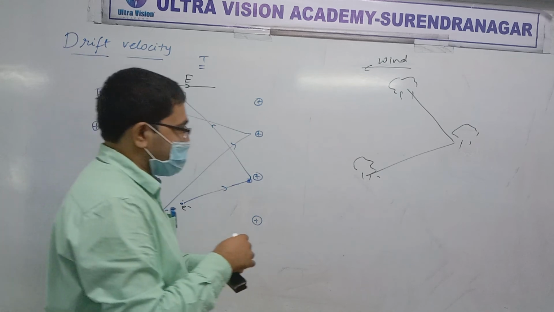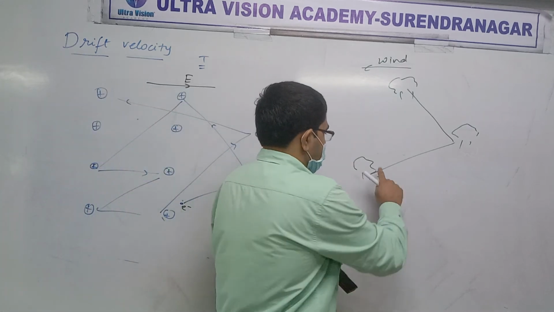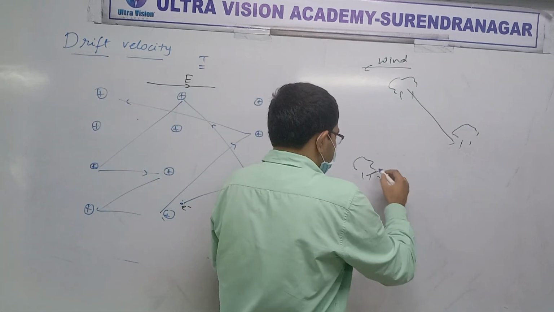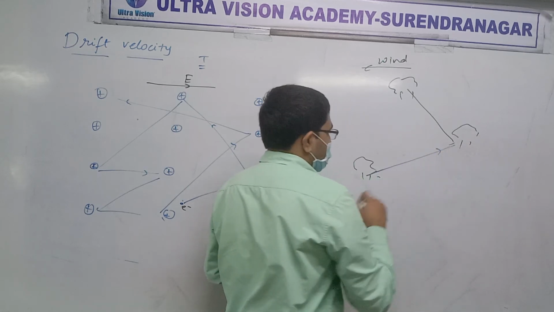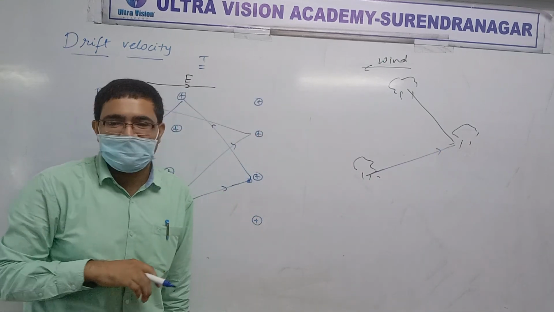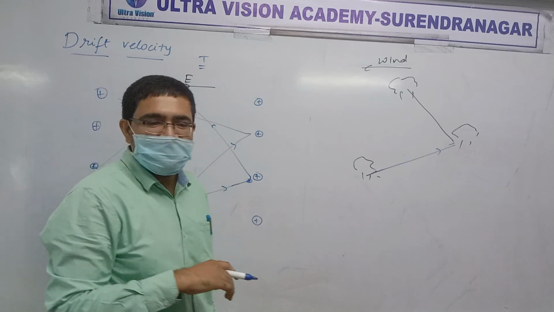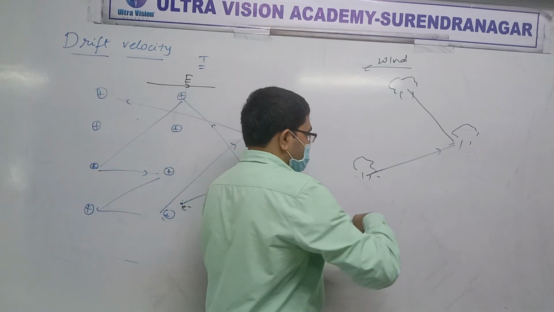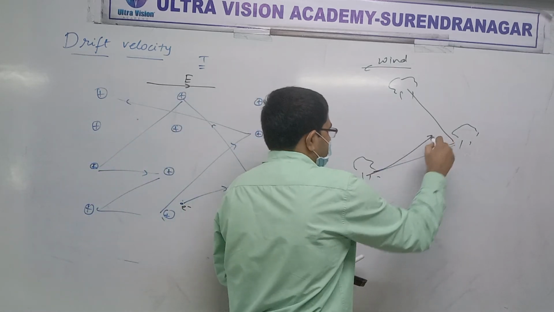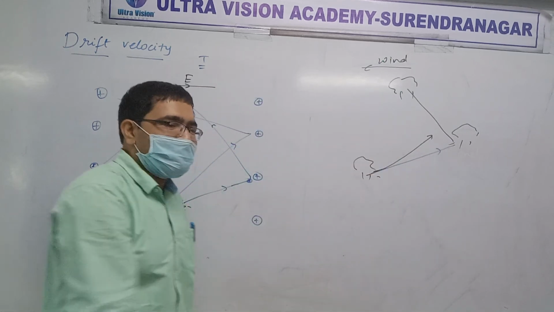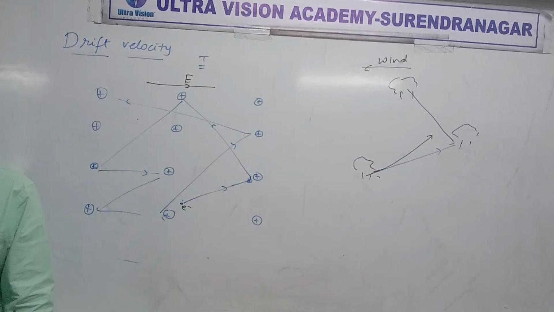So what will happen is that the crow aimed that I will go in this direction, from this tree to that tree, for example. But instead of that, the wind will drive it or push it in the other direction. Yes or no? Sure.